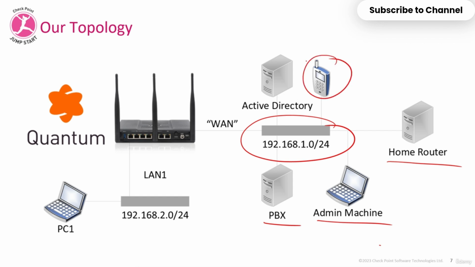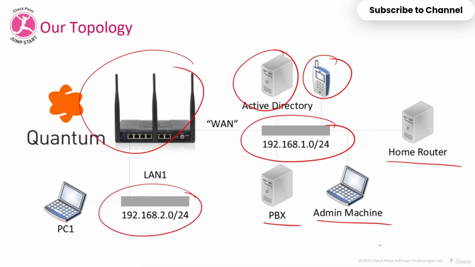I have a VoIP phone on my network as well. I have an Active Directory server running Windows Server. So I'm going to use it to create users and then integrate it with my Quantum Spark, which is right here. I have a Quantum Spark device, and it also hosts its own private and protected network behind it with one PC.